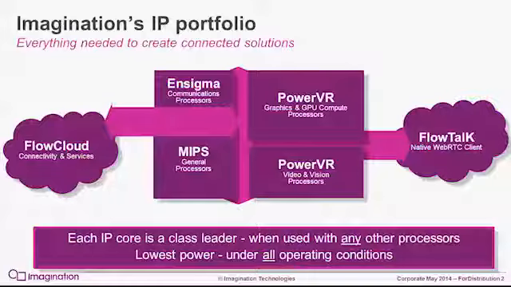Just to give you a quick overview of Imagination's IP portfolio, we have communication processors, that is the connectivity, Wi-Fi and Bluetooth. And then we have graphics and GPU compute. We have video accelerators. We have MIPS, FlowCloud, and over and above, we have the WebRTC client, the native WebRTC client.